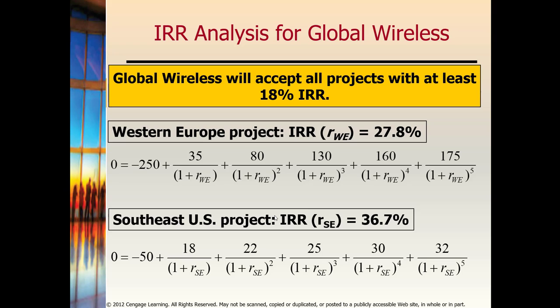IRR and net present value are the two most important techniques in capital budgeting, because you can see they take into account all the future cash flow. They also take into account the risk. IRR gives the manager a different perspective of evaluation.